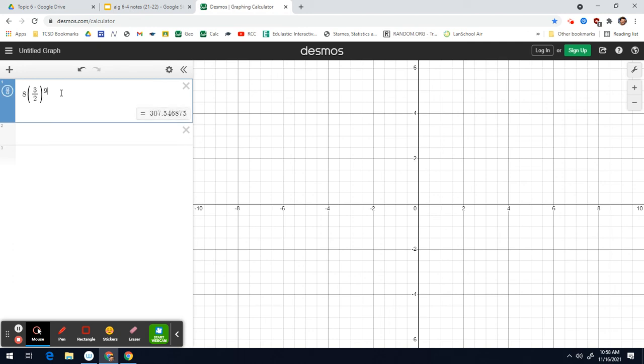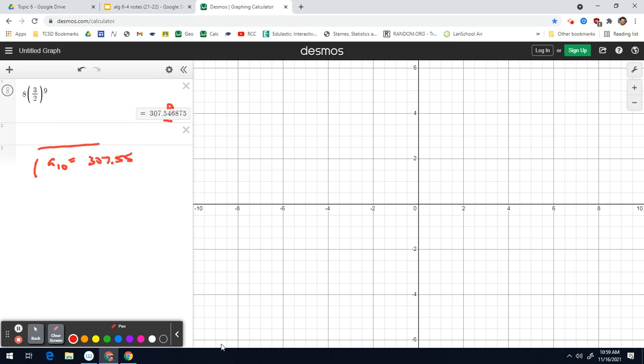Remember, you can use the caret button, which is above the 6, so shift 6. And there we go. This is your estimate for the 10th term. So a sub 10 equals, and again, 1 or 2 decimals is fine. I'm going to do 2 decimals. So it's 5/4. The 6 is going to round this 4 up to a 5. So we'll do 307.55. And that's our 10th term in this sequence.